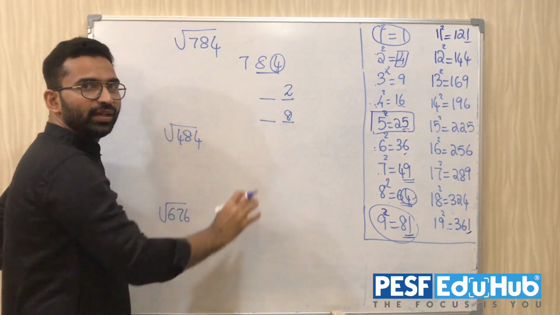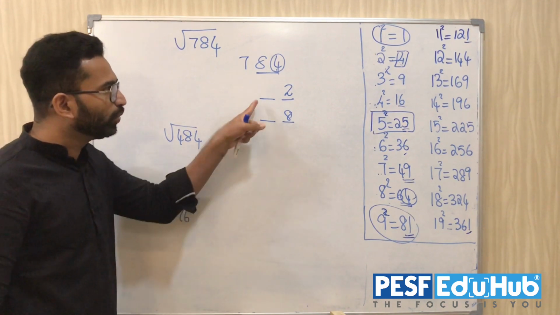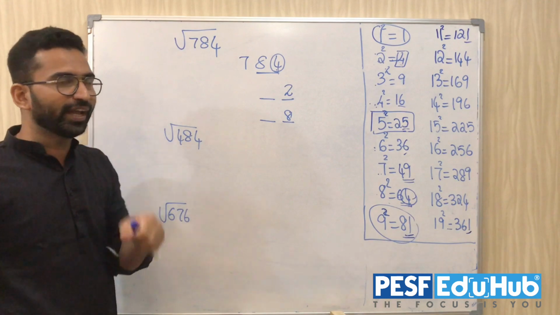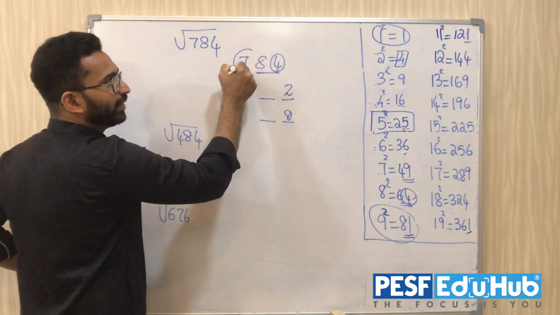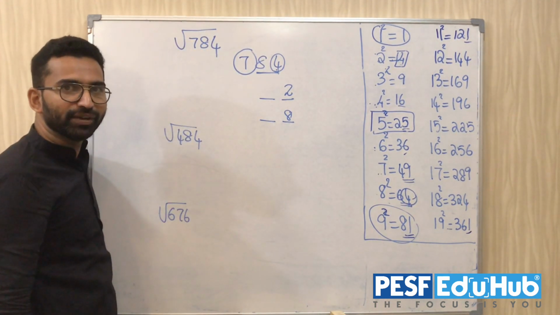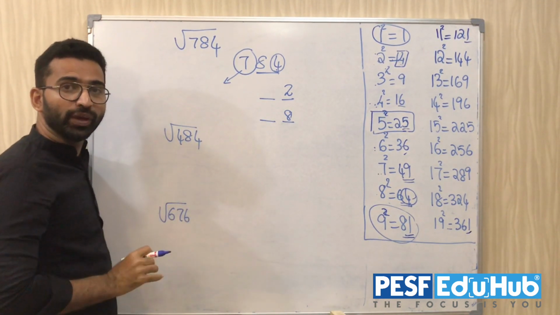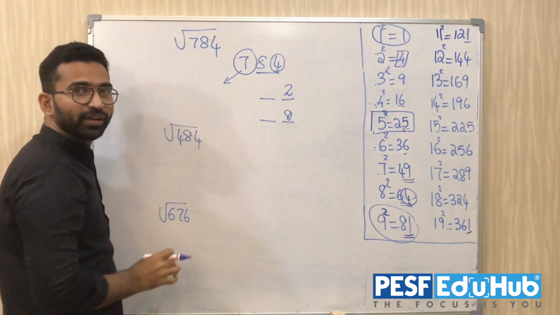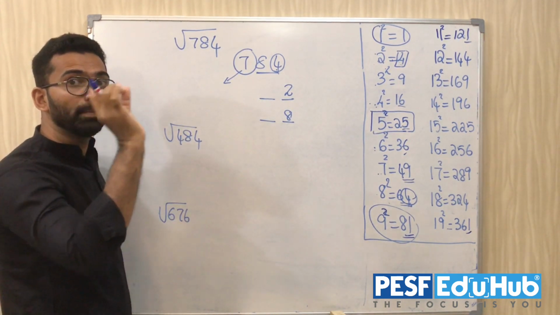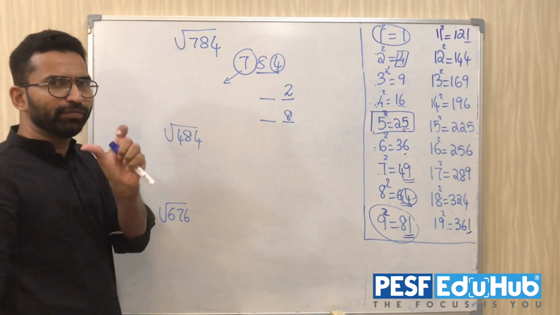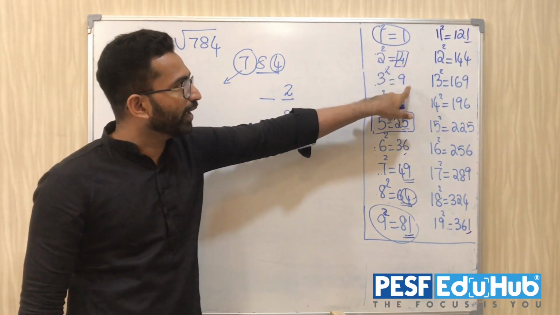And we don't know the left side digit. How can we say what will be the digit coming here? For that, what is the digit left here? It is 7. Do you know what is the perfect square value which is closest to 7, but should not be more than 7? For example, the perfect square values are 4 and 9.